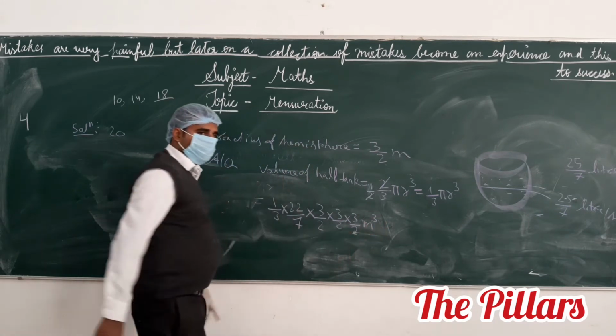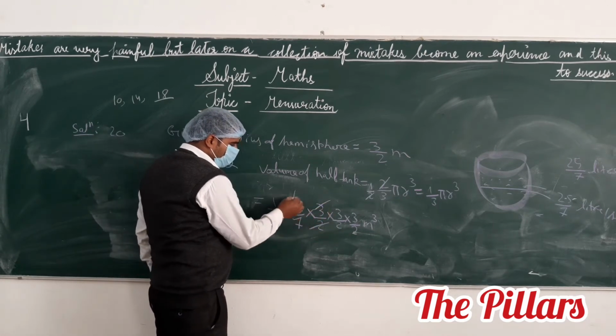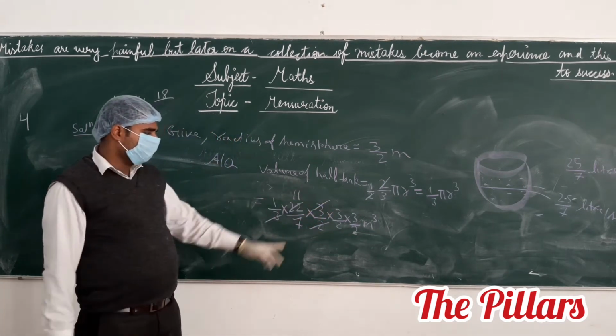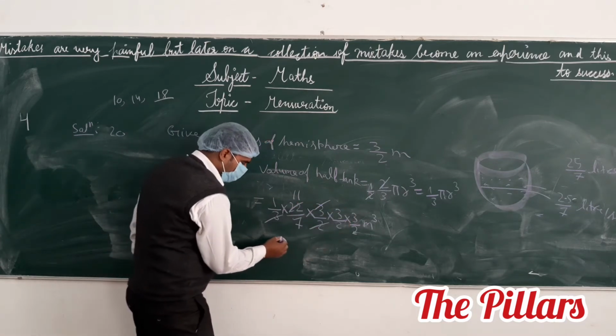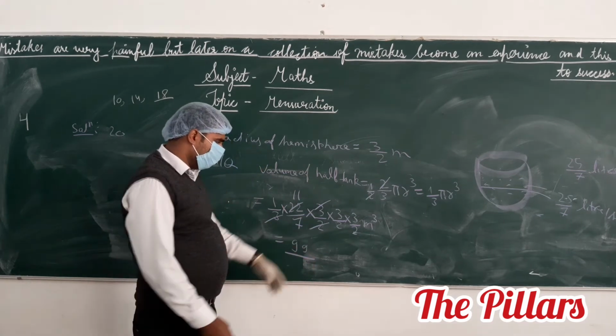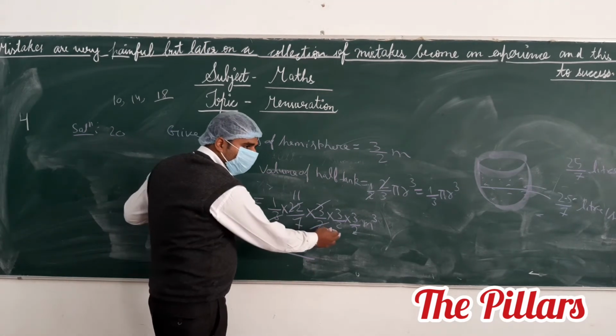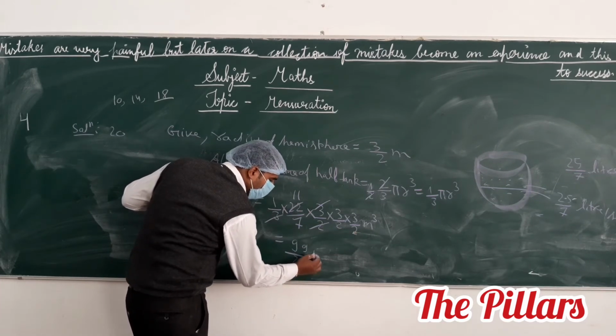3 and 3 cancel out. 11 threes are 33, 33 threes are 99, divided by 2 into 2 into 7, 2 fours are 14, 14 twos are 28 meter cube.